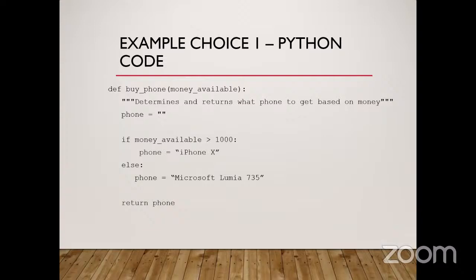The else portion of it backs out of the indent and lines up with if. You see how this works? Indentation groups things together. And then it returns which phone you're going to get in the form of a string.